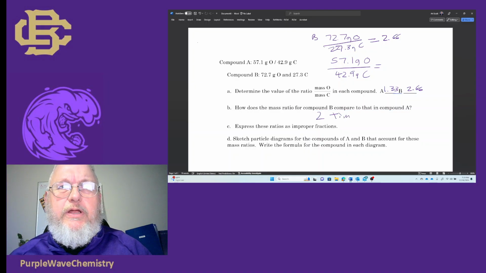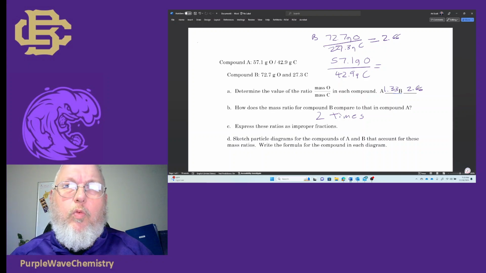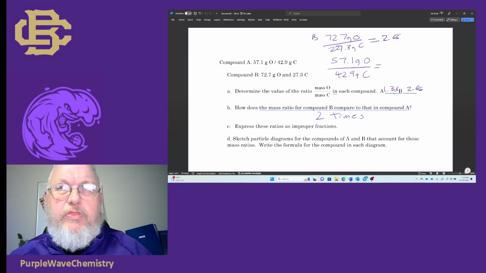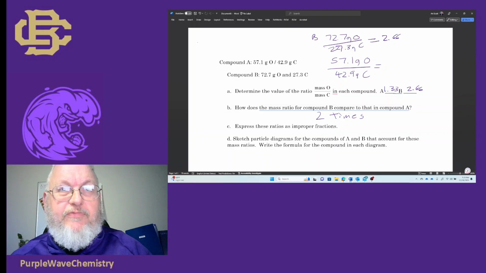But the key word here is this, in A, for every 1 gram of carbon, oxygen has a mass of 1.33, which means it'd be a little bigger. All right, so again, what's the improper fraction? That might help. 4/3 and 8/3.